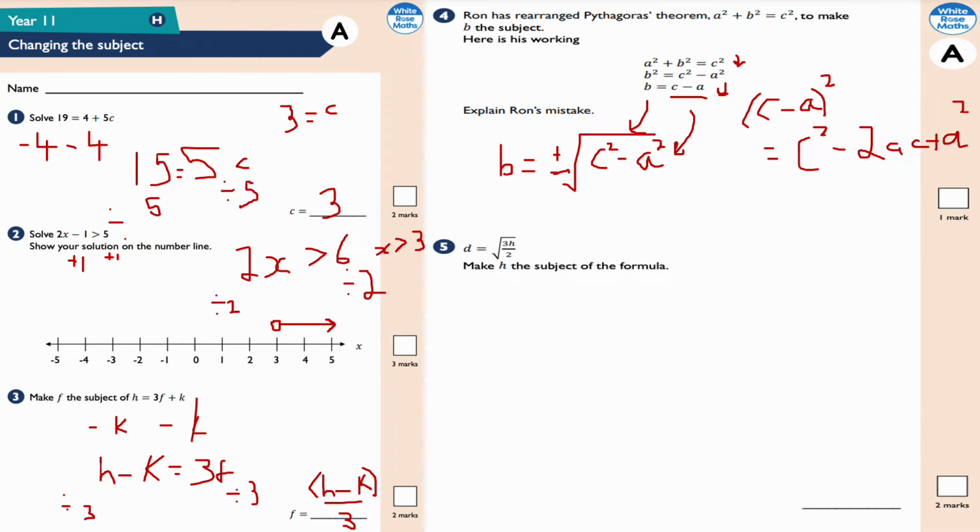Question number 5. d equals the square root of 3h over 2. Make h the subject. Well, if I square both sides, I get d squared is equal to 3h over 2. Timesing up both sides by 2, I'm going to get 2d squared is equal to 3h.